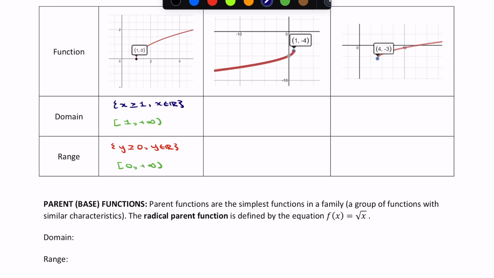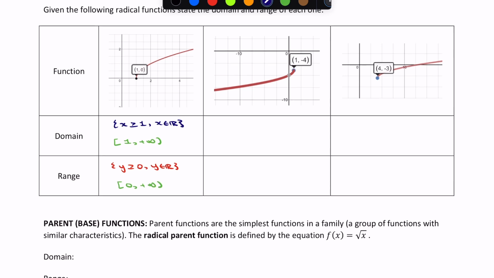Here, when we look at our domain for this second graph, we see that x has to be less than or equal to 1. X is an element of real numbers. So here for our x values, it'll go from negative infinity to 1.